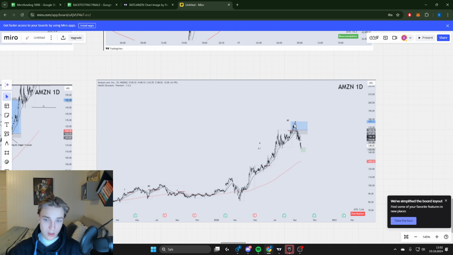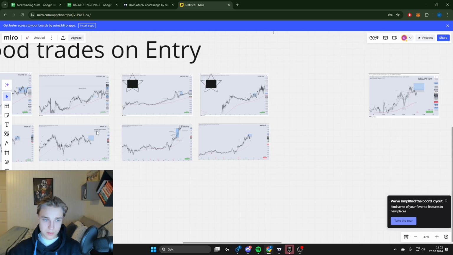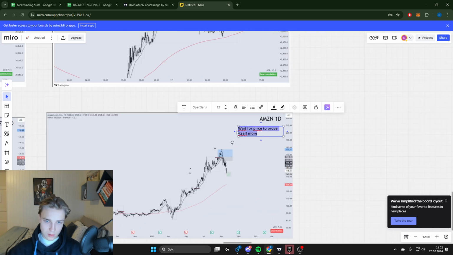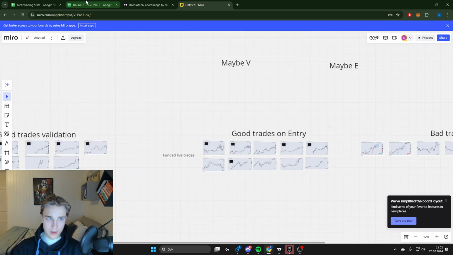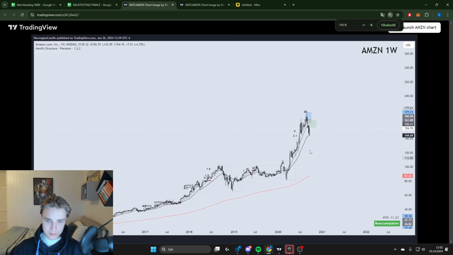And you can see here price flushes big time, so that is an indication of overextension. I'm going to move this over here, and I'm going to write momentum based, MB. Let's look at the validation and see if it's overextended.